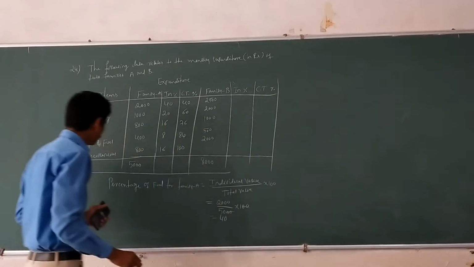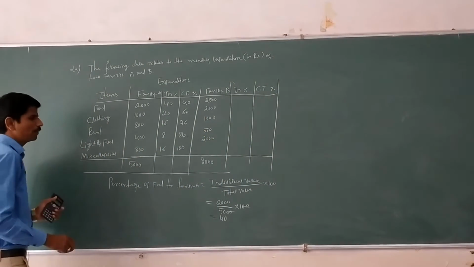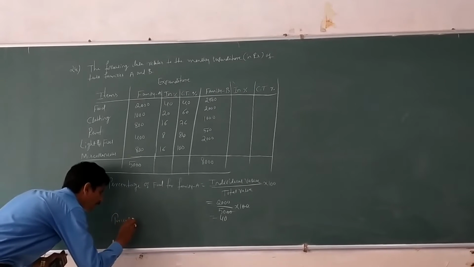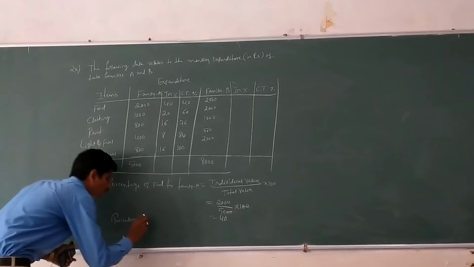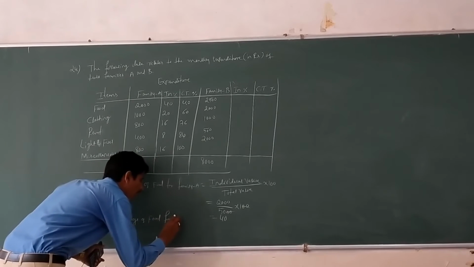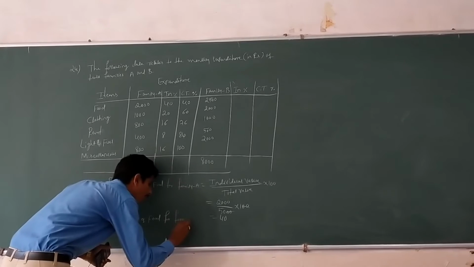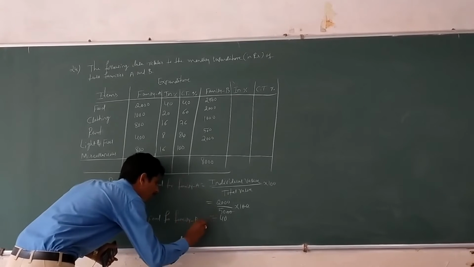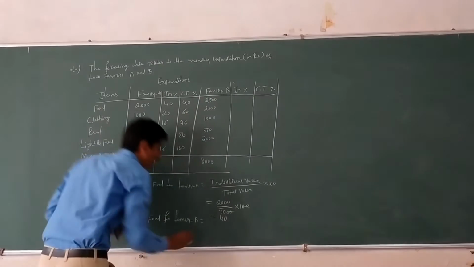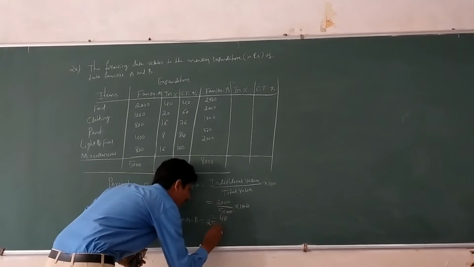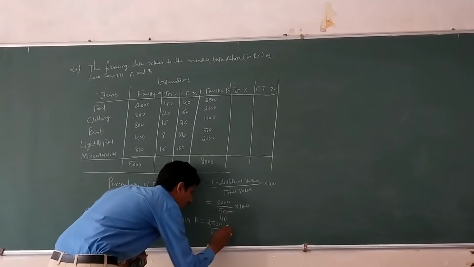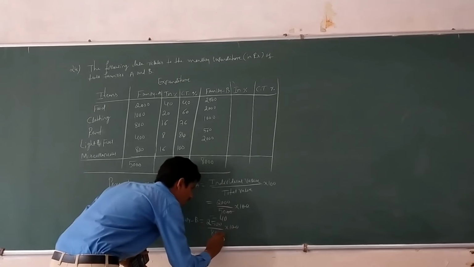Next, the percentage of food for family B equals the family B expenditure, 2500, divided by the total value, 8000, into 100.